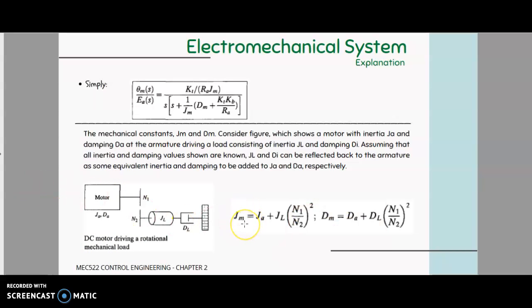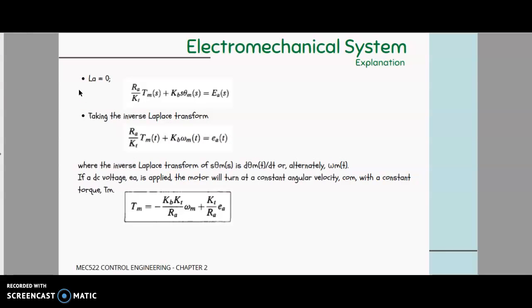So you combine this, and you will get this. Ja is here, and Jl is here. So Jm is the equivalent inertia of the motor. And then we consider La equals 0, and lastly you can get this equation: Tm equal minus Kb Kt over Ra omega m plus Kt over Ra Ea.